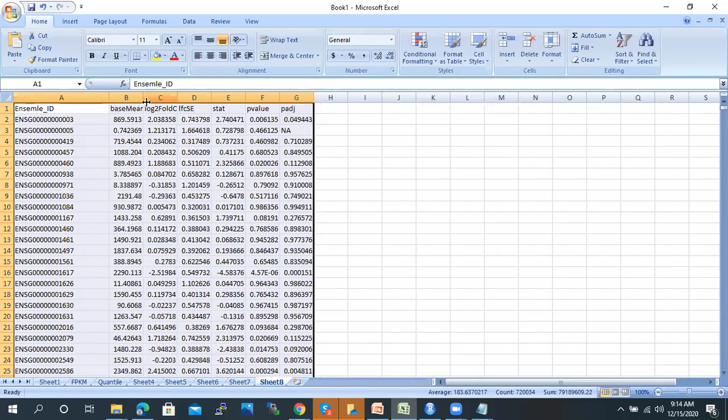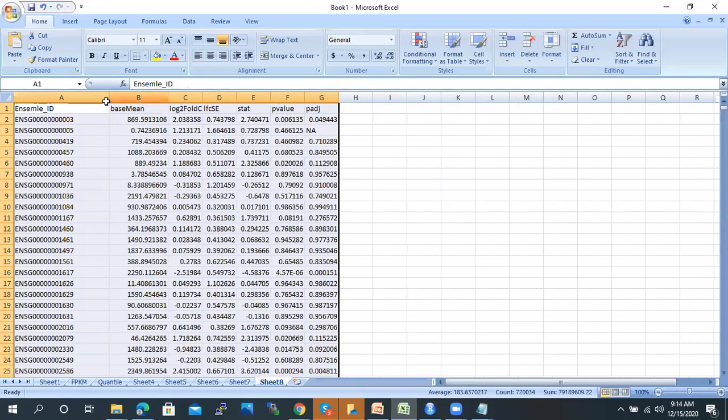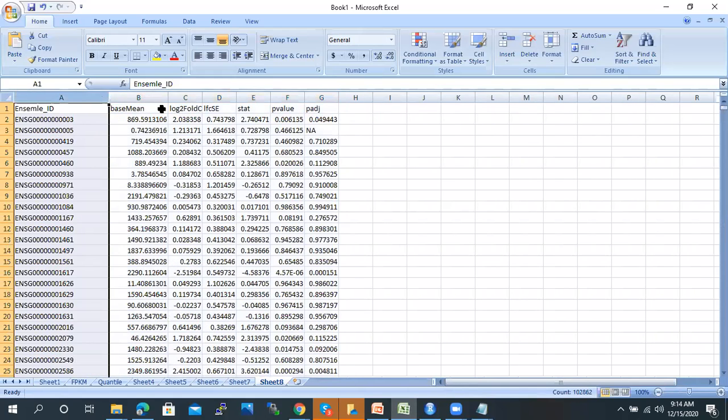Here we have first the gene ID, the major important column, the Ensembl ID or the gene ID. Then we have log fold change, then the p-value, then the p-adjusted value. These are the major and important columns that we have to consider.